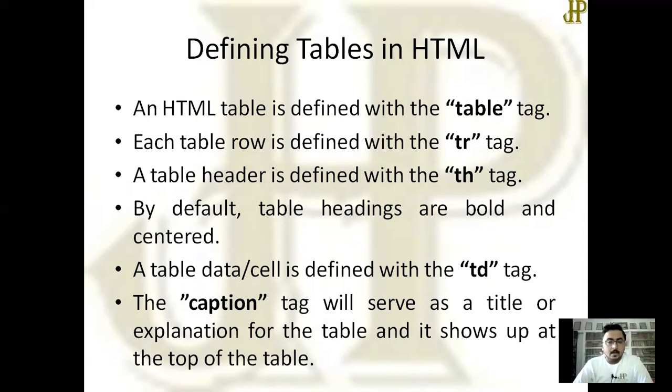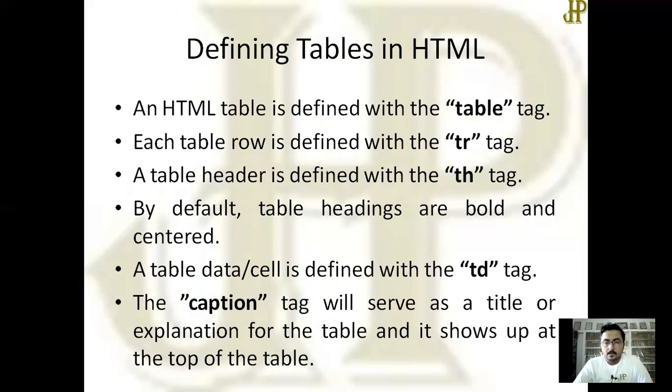Now, whenever you have to add a record, for example, you have to show the record of each student in your class, one student record is represented as a row.